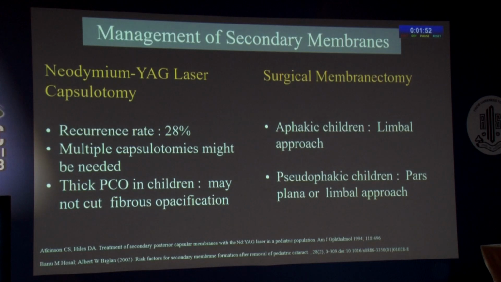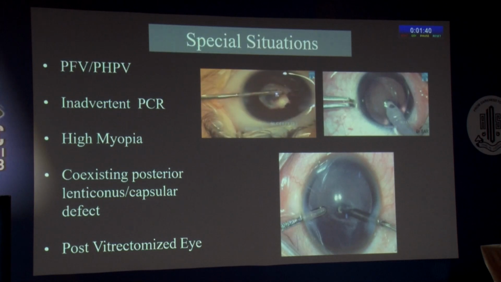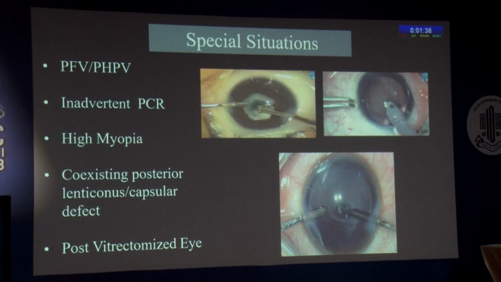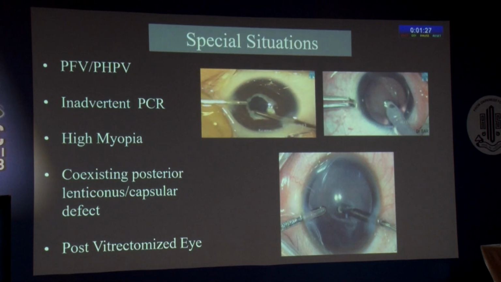In pseudophakic children, we can use either the limbus or the pars plana. Now, in certain special situations like persistent fetal vasculature or anterior PHPV, when the capsule is very thick, we will cut the capsule, fashion a posterior capsulotomy around 3.5 to 4 millimeters, and then slip in the intraocular lens.